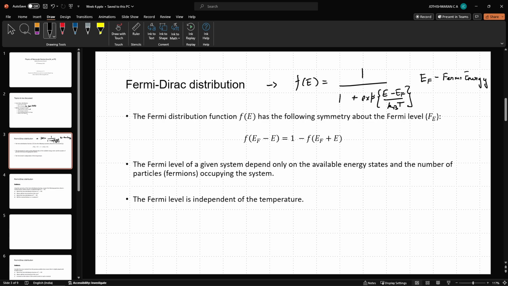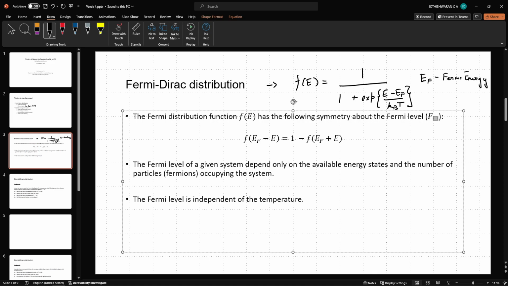We saw some properties of this. We essentially discussed where this is applicable and what shape this function will take at different temperature values. Today we shall look at one final, very important property, that is the symmetry of this function f of E. If I draw the graph for f of E versus the energy E, the function will have the following symmetry about, oh, I made a small mistake, it's not Fe, it's Ef.